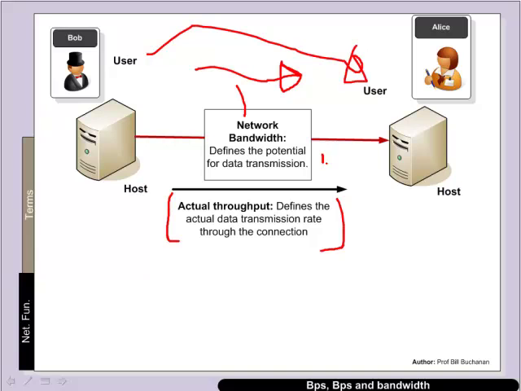So we might have a 1 million bits per second connection, but the actual throughput is only half of that, 500 kilobits per second. The actual throughput is normally the measurement that we would make to understand the quality of the connection.